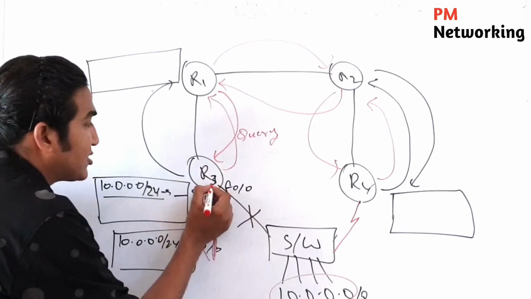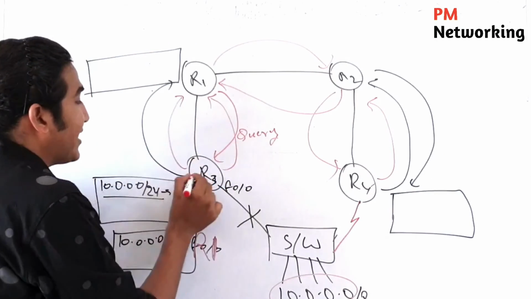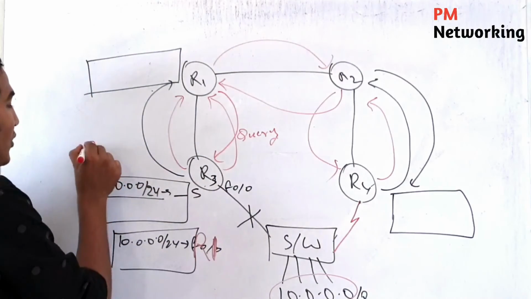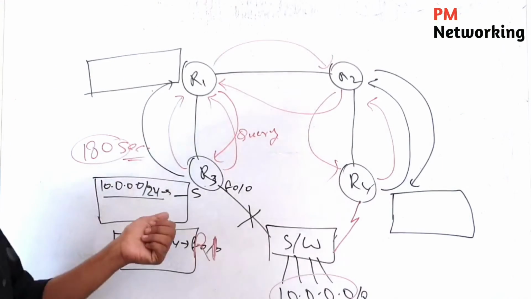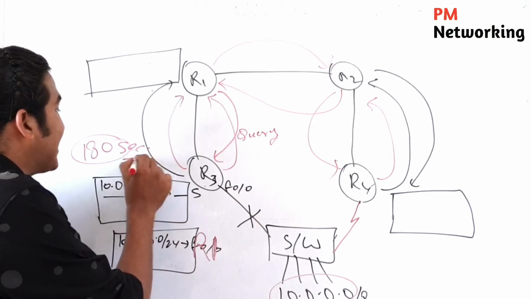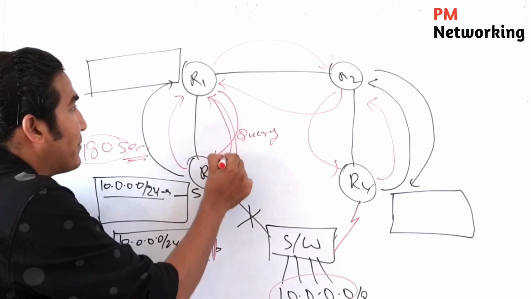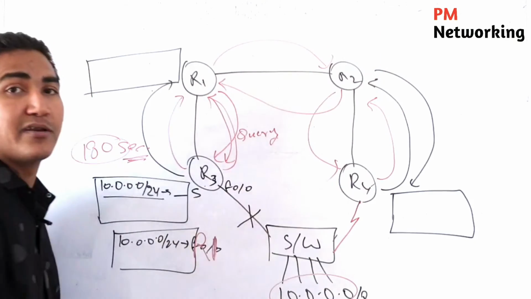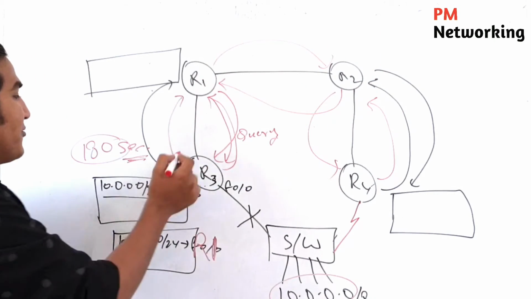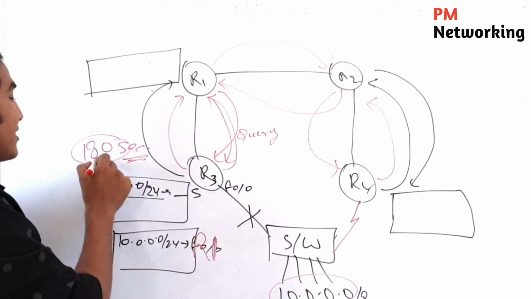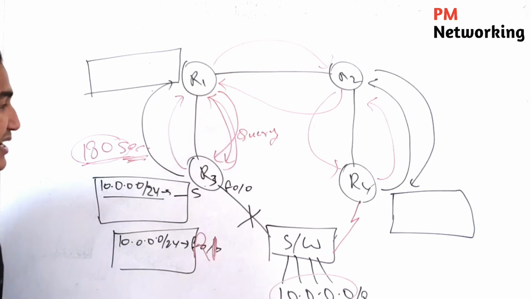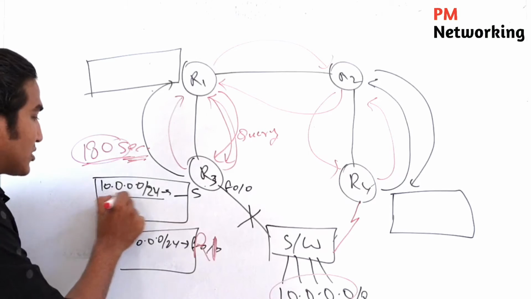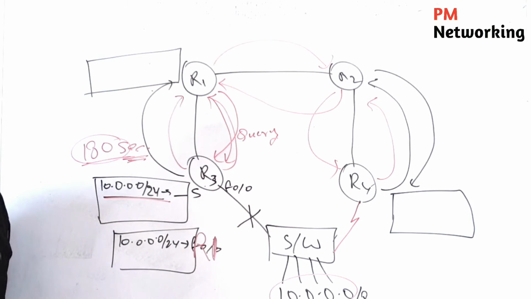So if this router is sending a query, right, this router will wait for 180 seconds for the reply. If within 180 seconds this router does not get a reply, because this router is also asking its neighbor, then this prefix will go into active state.